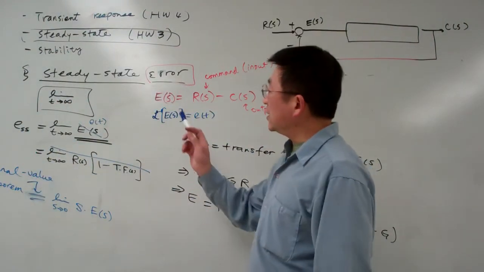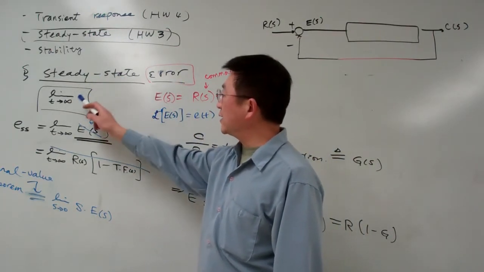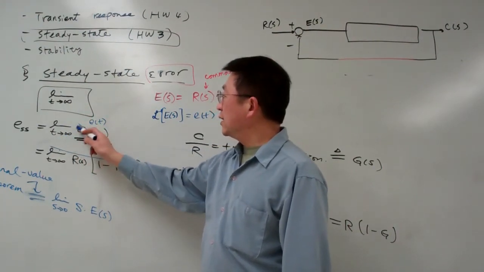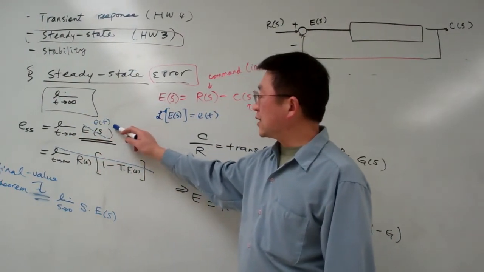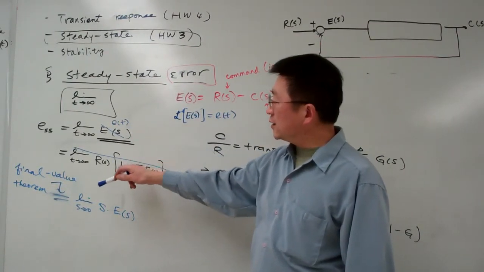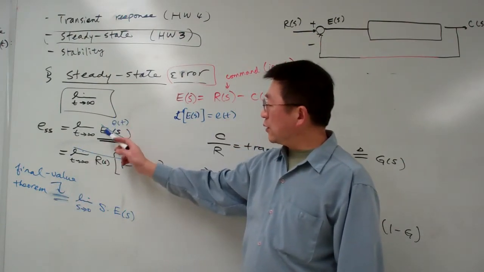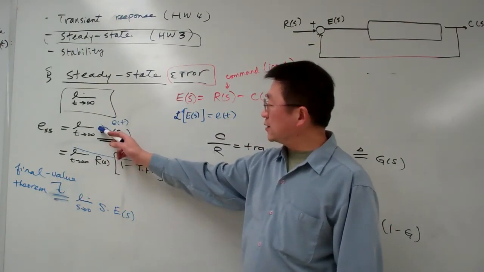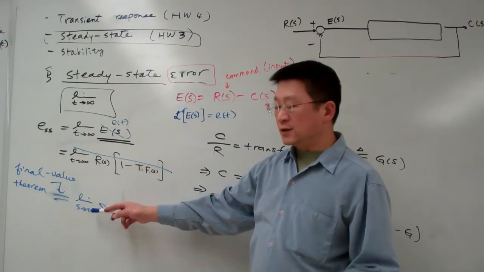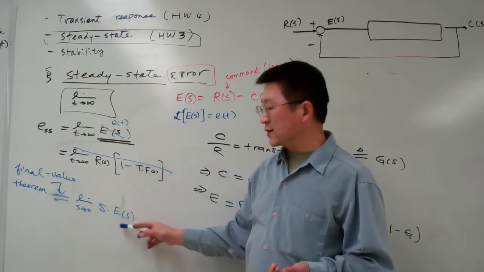In the fundamental definition of the steady state, we are concerned about the time approaching infinity, and that infinity is about the time function e(t). Then we can apply the Laplace transform theorem. This description in the time domain is equivalent to the description in the S domain like this.